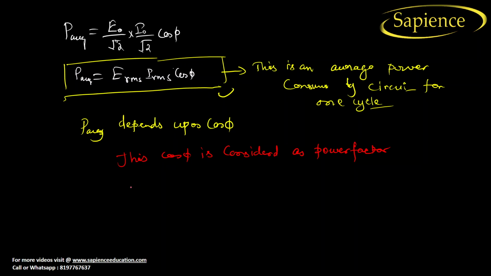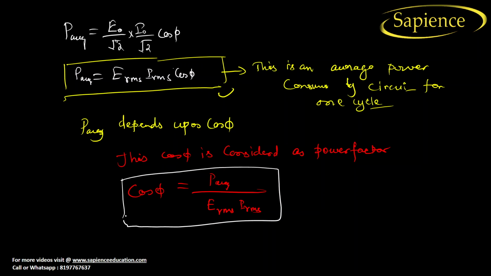So from here we can also write cos phi as P average divided by ERMS IRMS. So I hope you have understood this. Okay. So you can write this.